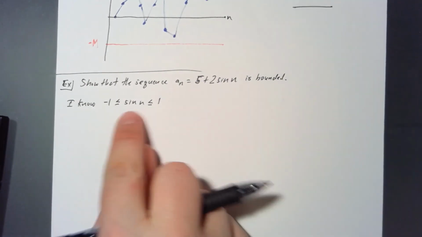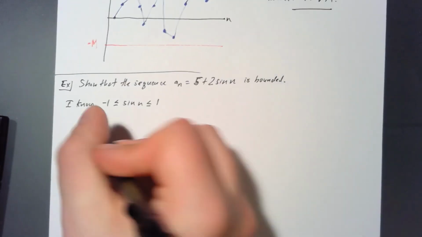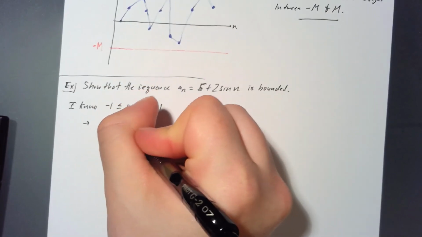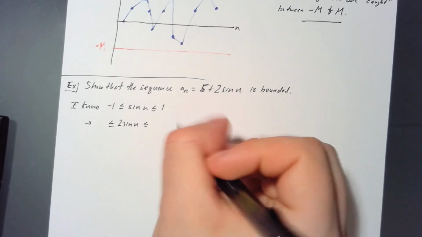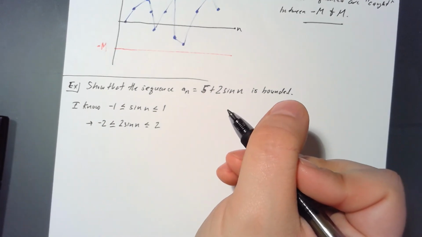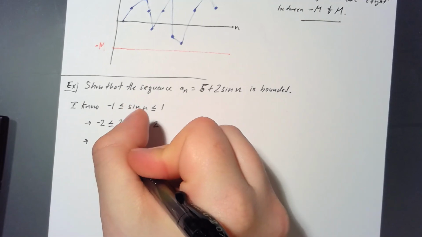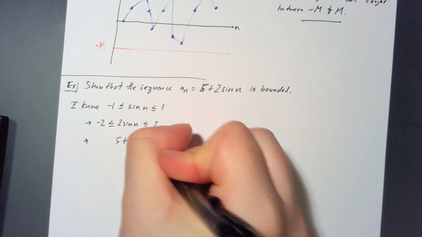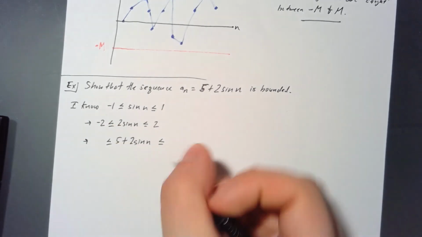Alright, so now I just use this to build to what I have. Let's multiply it by 2. When I multiply both sides by 2, that's going to be 2, and negative 1 times 2 is negative 2. And then if I add 5 to this side, I get 7.